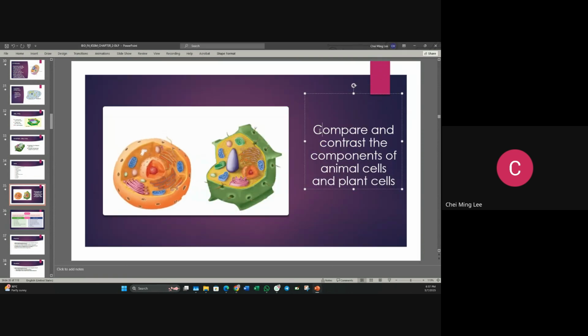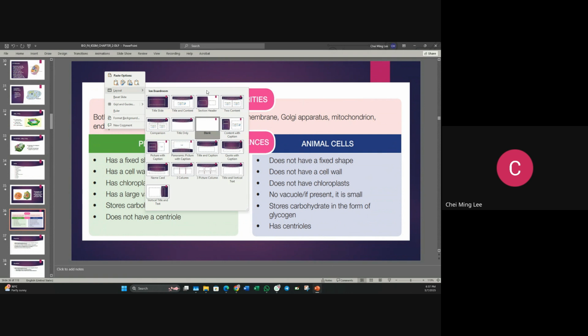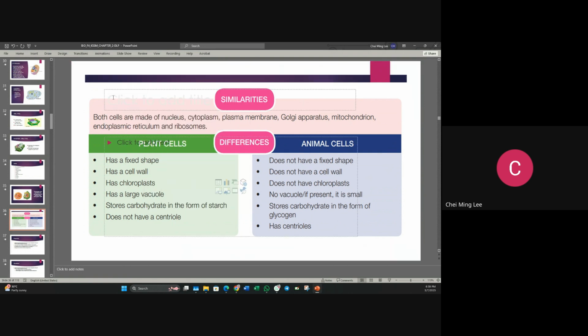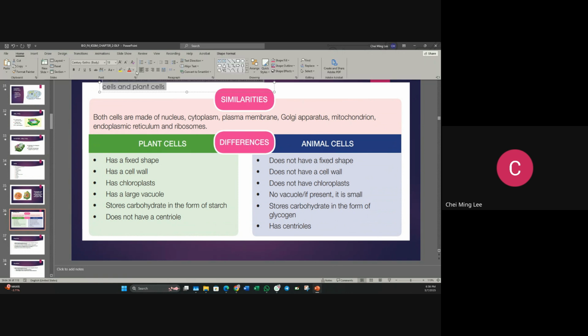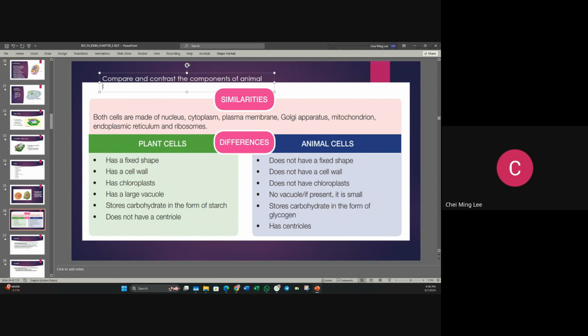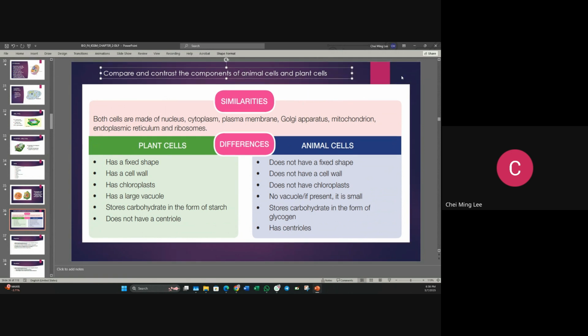Okay, so the comparison of animal cell and plant cell.